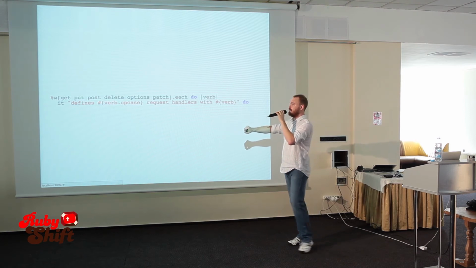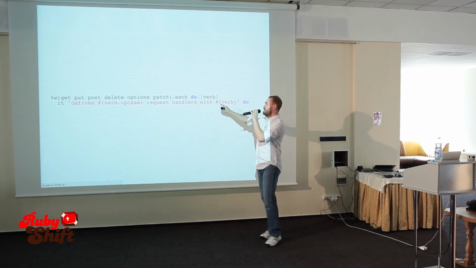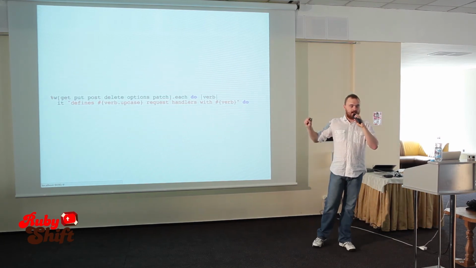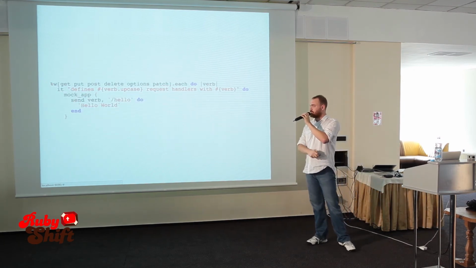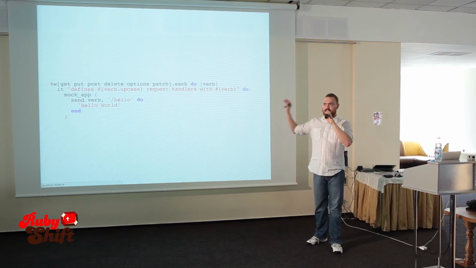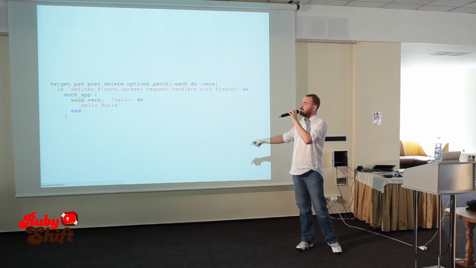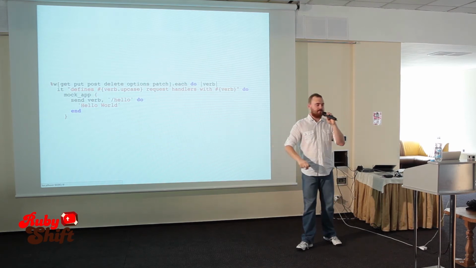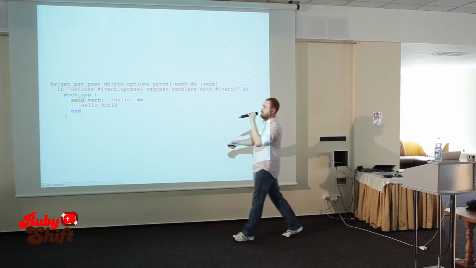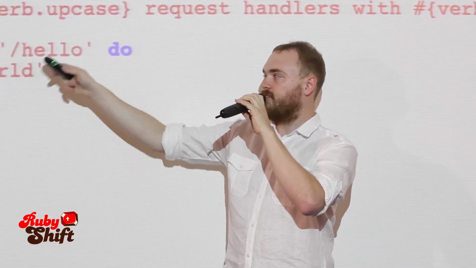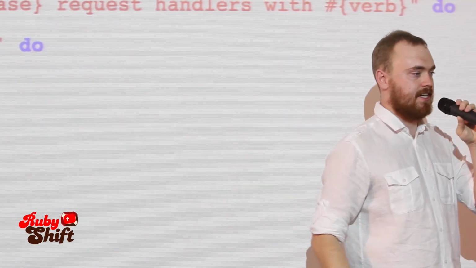It defines a get request handler with get. It defines a post request handler with post. And for each of these, there is a route mocked up with this variable, so with this verb. So again, you will have get hello, post hello, and so on for each test.